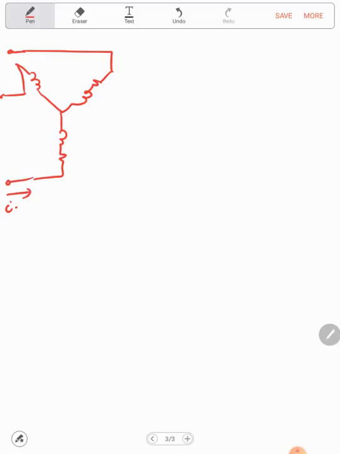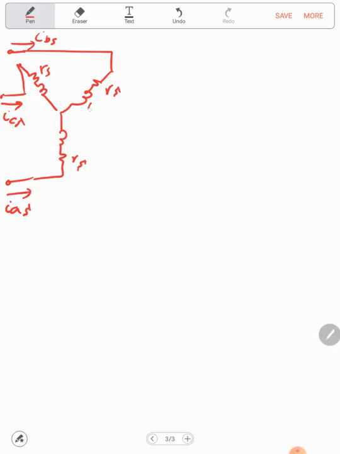Let's assume this is IAS, and let's assume this is the IBS, and let's assume this is the ICS. So this will be RS, which is the stator resistance.